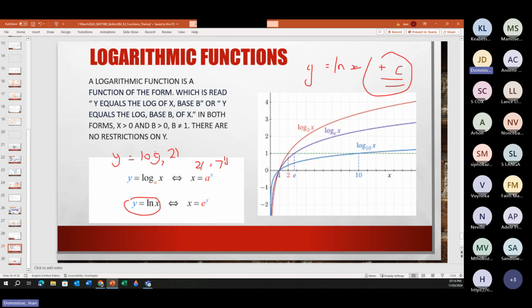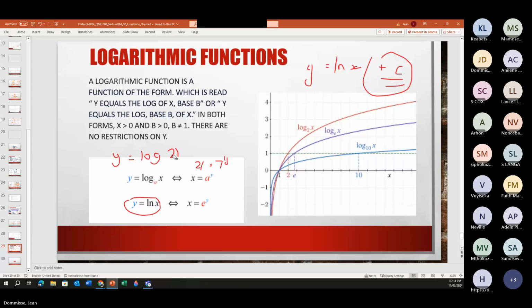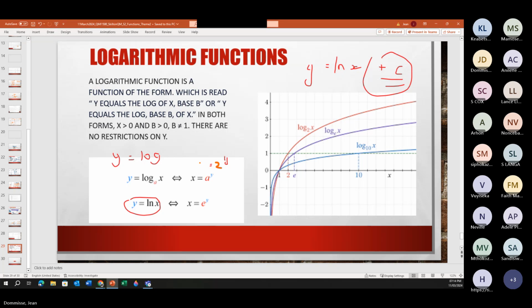Okay, so let's get one that we can actually work out. Let's look at log 2 of 8.